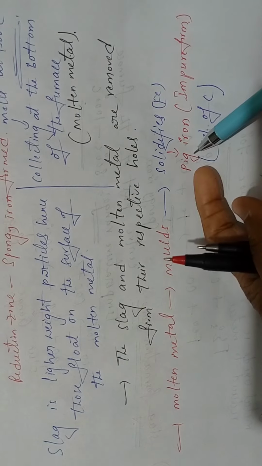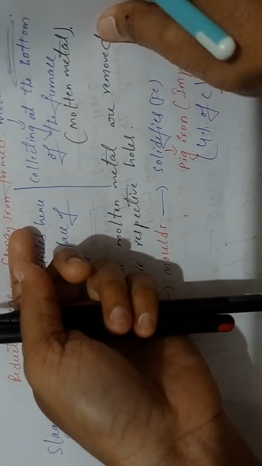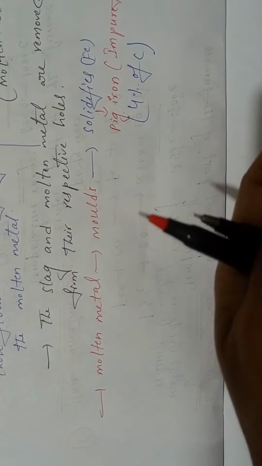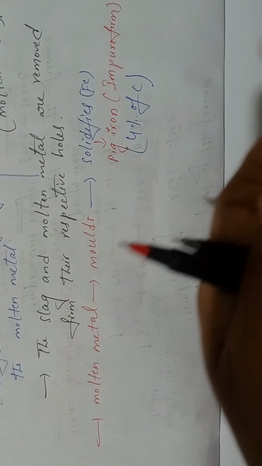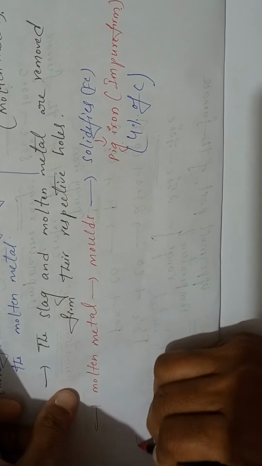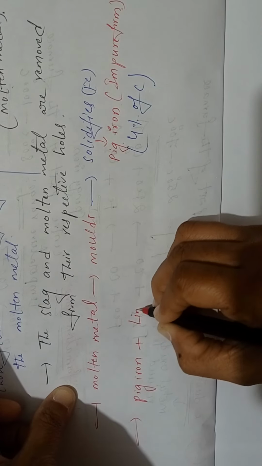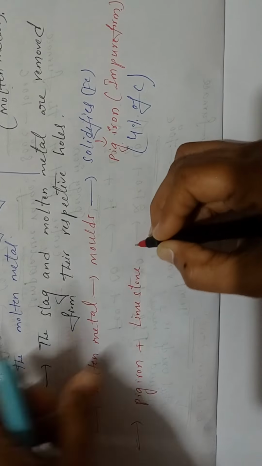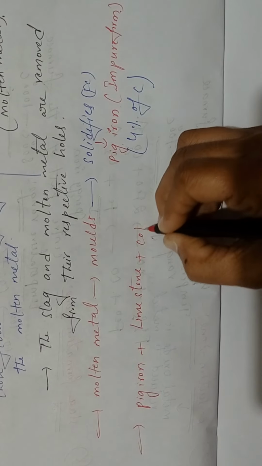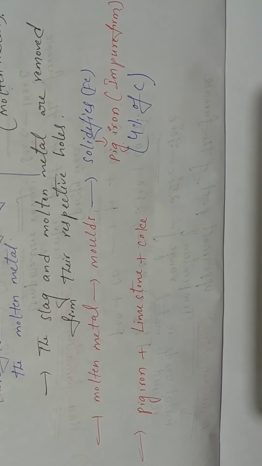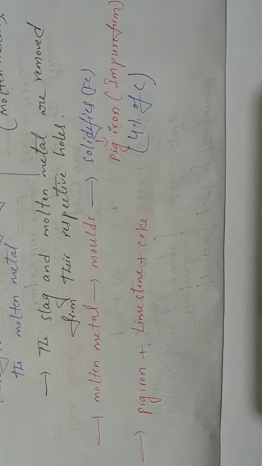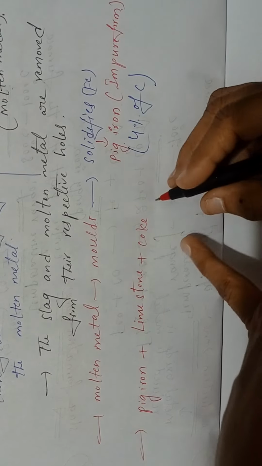To this pig iron we have to add limestone. What are we adding here, students? Pig iron plus limestone, and again we add limestone plus coke. Are you clear? So limestone and coke, by remelting again.